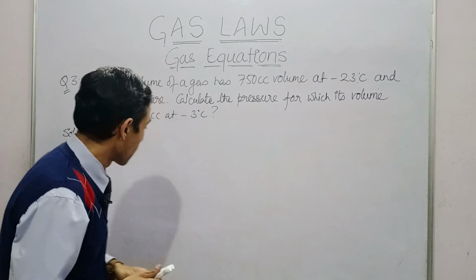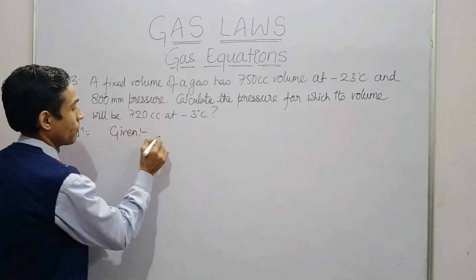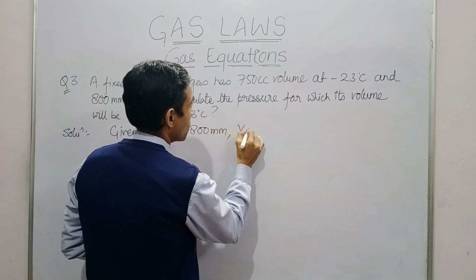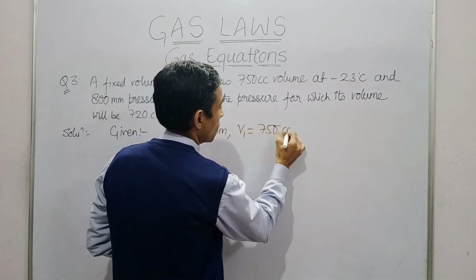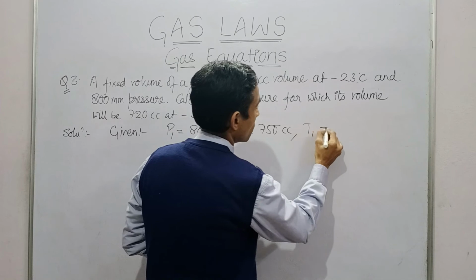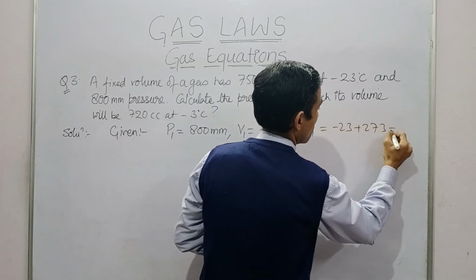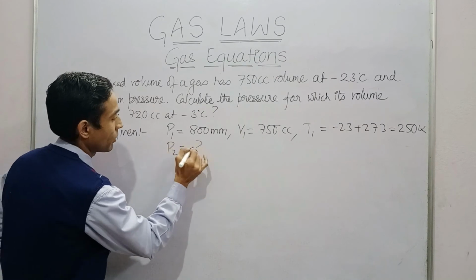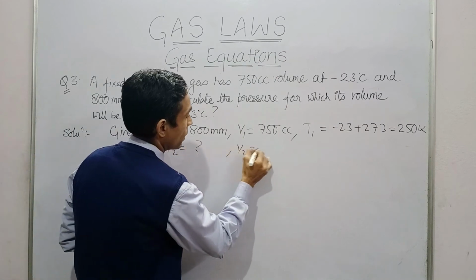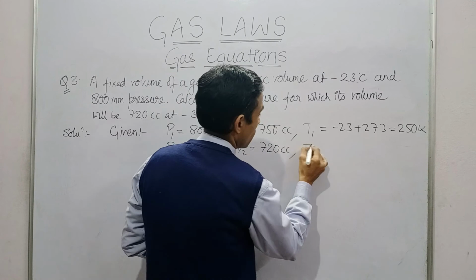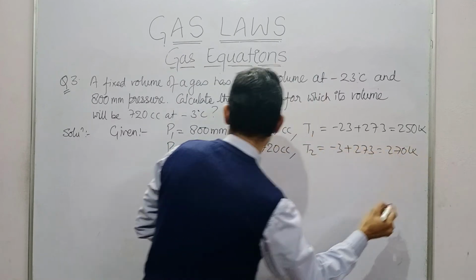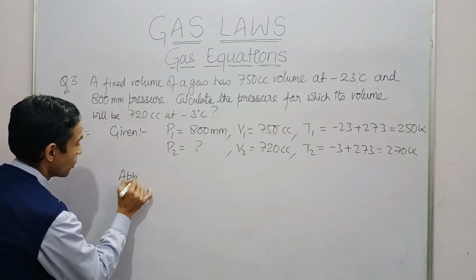Let's write the given values. Initial pressure, initial volume, initial temperature, 250 Kelvin, final pressure we have to find out, final volume, final temperature. Let's apply the gas equation.